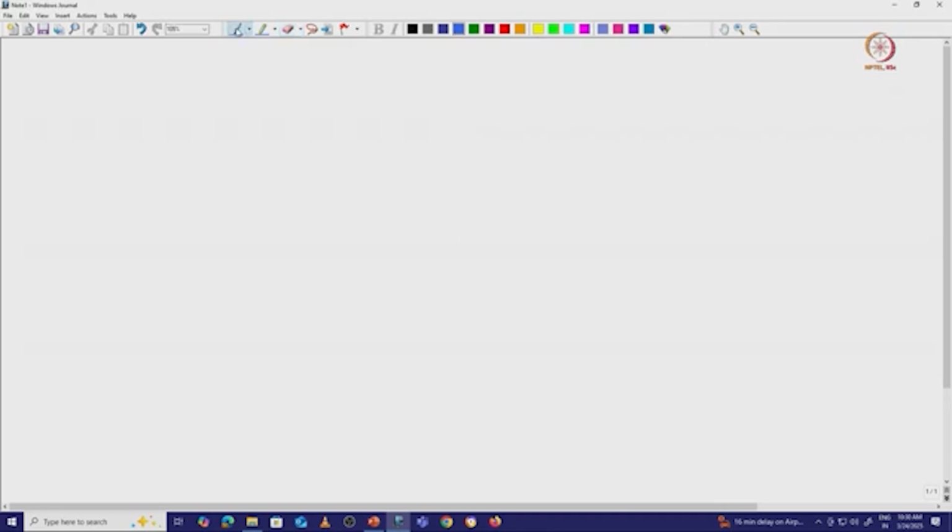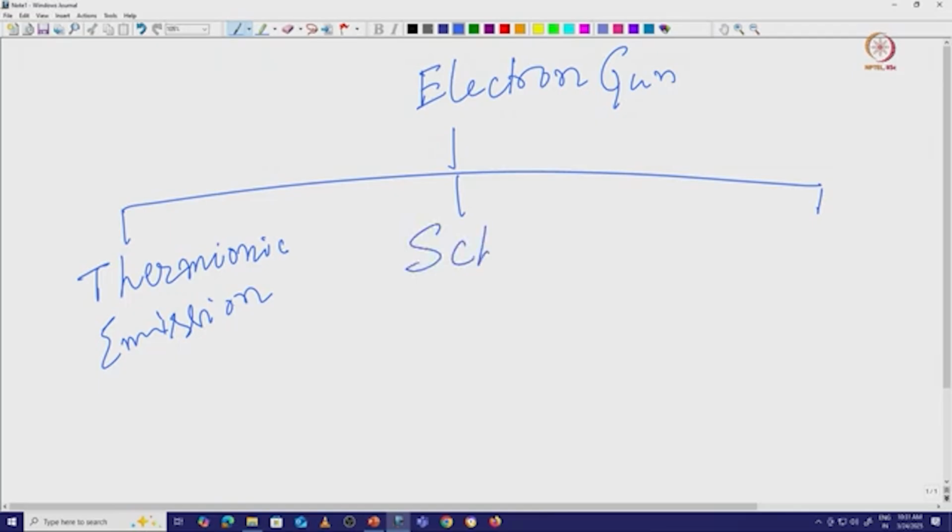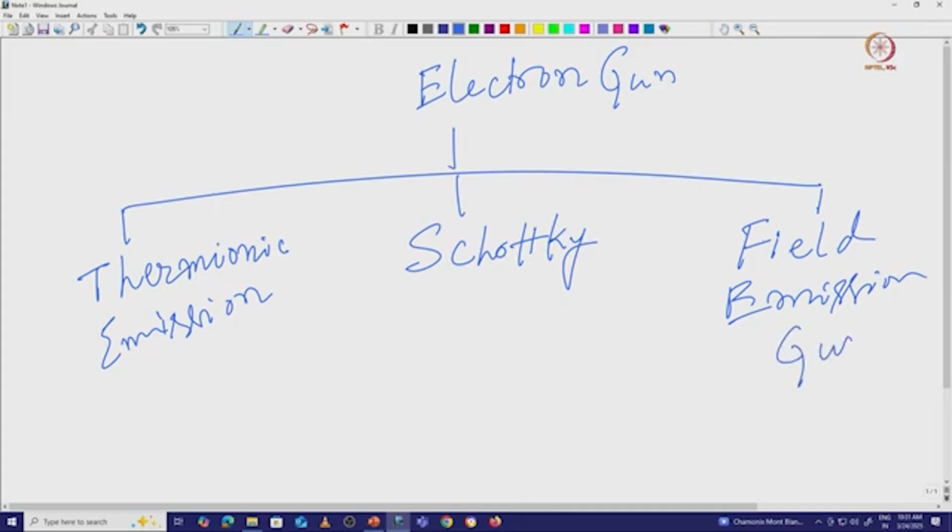Here, if we have an electron gun, we can classify these into three major classes: thermionic emission, then the next one, Schottky emission, and then field emission gun.